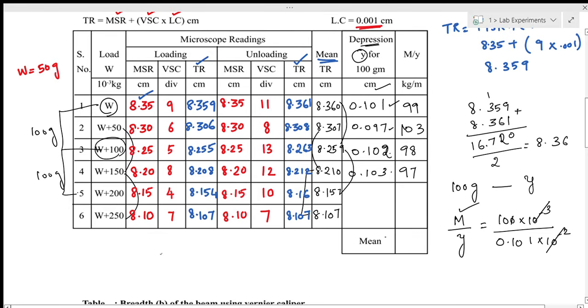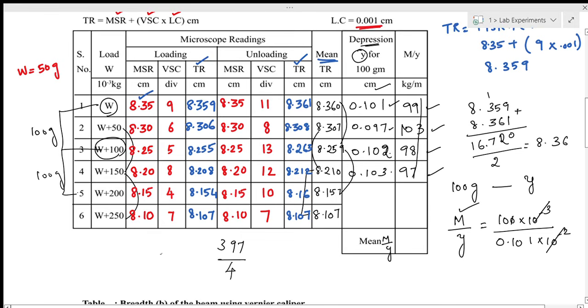Now the mean M by y is the average of all these, that is, add all the 4 and divide by 4. 97 plus 98 plus 99 plus 103, we have got 397 as the total.